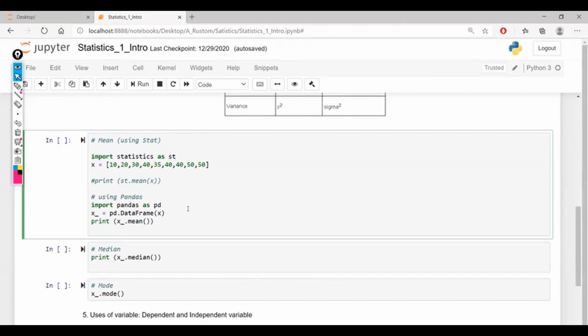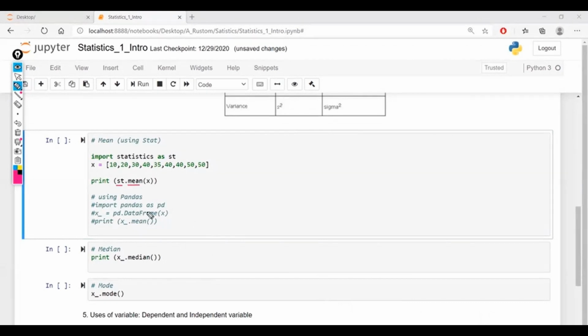So what I will do, let's not get into pandas. I will use only statistics. So I'm going to use ST, and I'm referring ST, then I'm saying dot mean. That's all. ST dot mean.